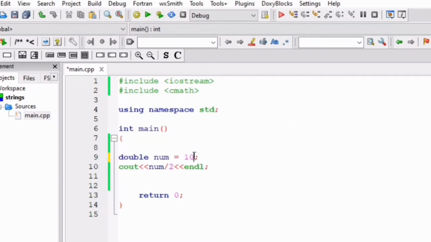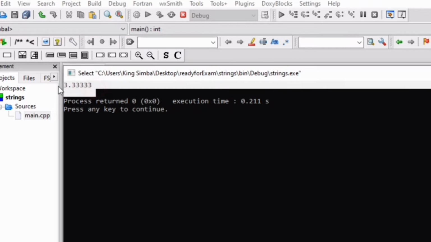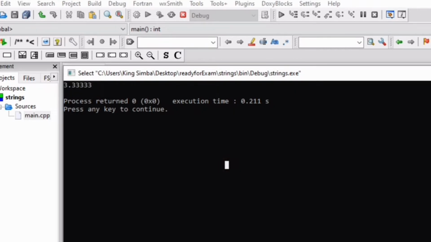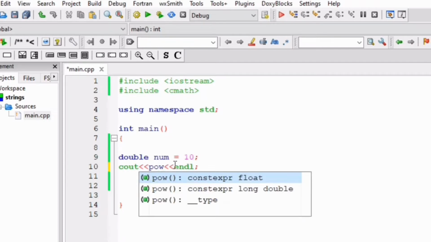Sometimes when you're dealing with numbers with decimals, you need to use doubles and floats. Let's change this to 3. See, your answer is 3.333. It is correct. If you were to use an integer, it would be 3, which is wrong. So don't forget to use doubles whenever you have decimals.